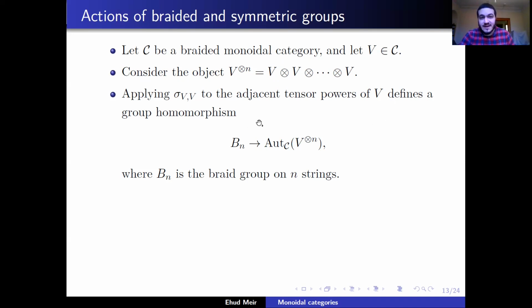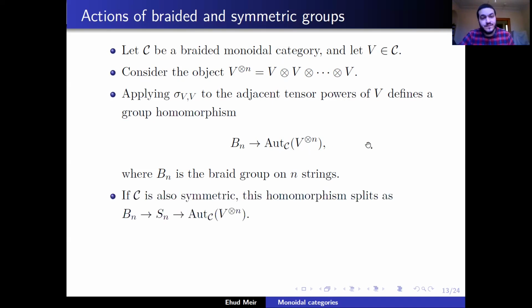And this will define a group homomorphism from the braid group B_n to the automorphism group of V tensor n, the automorphisms inside the category C. Here B_n is the braid group on n strings. The braid group has this presentation with generators S1, S2, up to S_{n-1}, with some relations that do hold here, and we do get a group homomorphism, and we can think of it as saying that B_n acts on this object of C in this way.